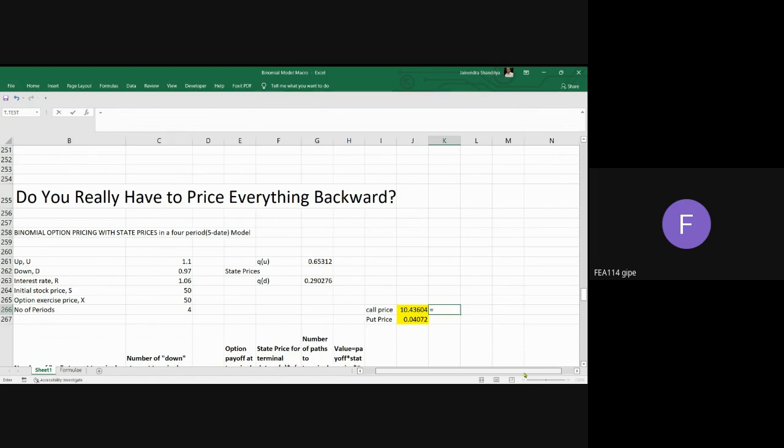Whether it is done here or not. I think it's done. That's why the prices are here. I'm using the same macro. Yes, I'm using the same macro. Oh, I'm forgetting the, yeah.